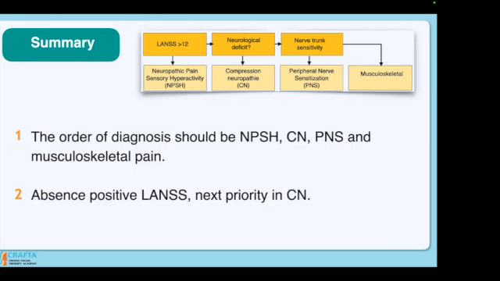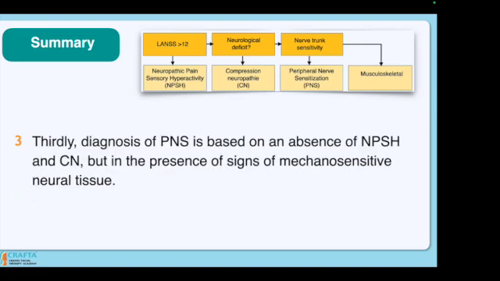So how can we test it? Once again, as a summary, first of all, there has to be an absence of the Lang score. So it has to be less than 12. If it's above, maybe it is the MPSH. If it's lower than 12, the next priority is the compression neuropathy. If it's not a compression neuropathy, then it could be that there is maybe a peripheral nerve sensitization, and there is presence of signs of mechanical sensitivity of the neural tissue. So we do our palpation and we do our neurodynamic testing.